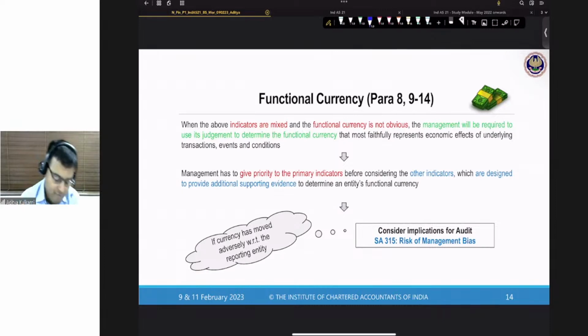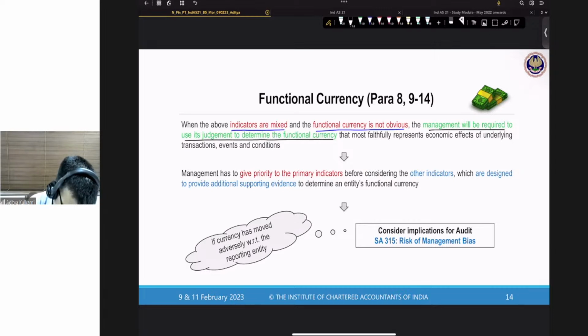When the above indicators are mixed, I gave you the example. Emirates revenue comes in dirhams, but costs are based on Indian indicators. So functional currency is not obvious. Then the management will be required to use its judgment to determine the functional currency that most faithfully represents the economic effects of underlying transactions, events, and conditions.